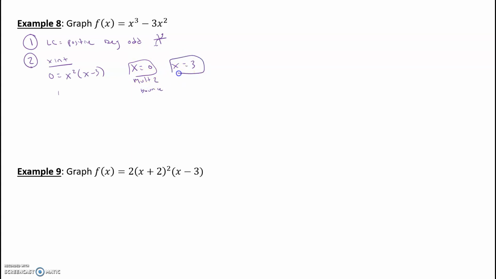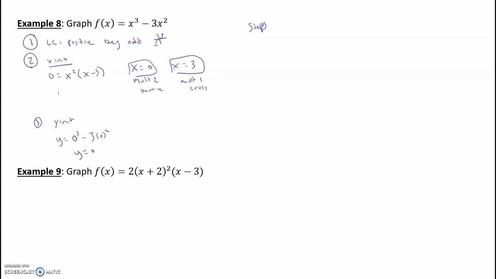This one only happens once. Your multiplicity is 1, so we're going to cross at 3. So just kind of seeing what's going to happen with your graph. Next one, y-intercept. Let's see where we cross our y-axis, which means our x should be 0. So 0 cubed, 3 times 0 squared, 0 minus 0, you're going to cross that y as 0.